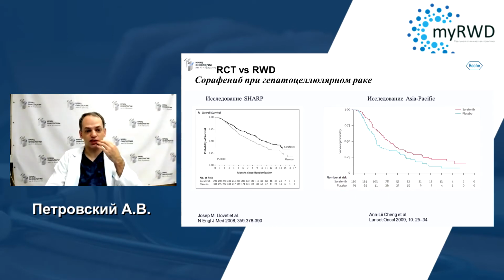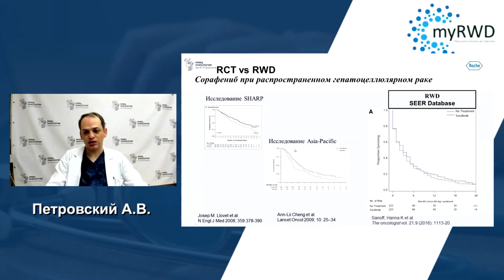For example, there was a study on the role of sorafenib in hepatocellular cancer, HCC. HCC is a very complicated disease with very few effective ways to treat. One study is SHARP, then the Asia-Pacific study, and all of them showed that sorafenib increases life expectancy in patients with advanced HCC, with actually no other options to treat, and that is why it's one of the gold standards of treatment.